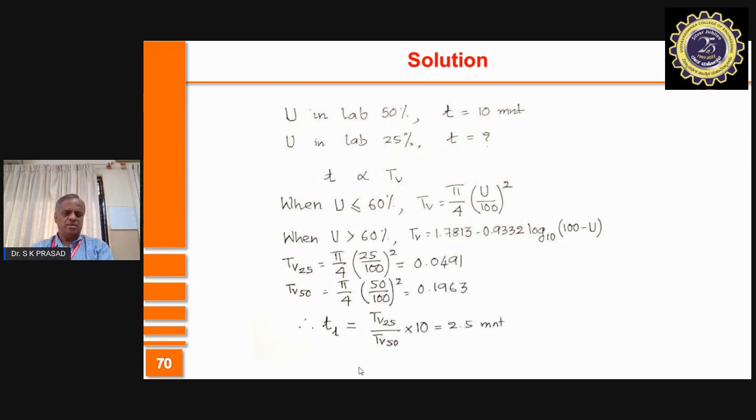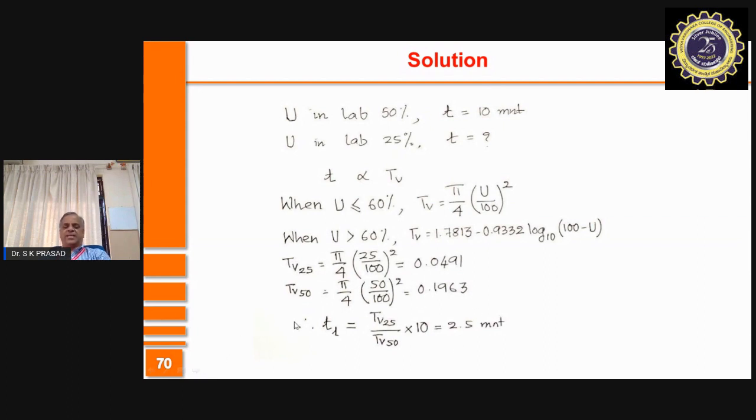So you know that the equation for degree of consolidation less than equal to 60% is time factor Tv equal to pi by 4 into U by 100 squared. So when Tv you want for 25% degree of consolidation, it's given by pi by 4 into 25 by 100 squared, that is 0.0491. And Tv for 50% consolidation, you use the same formula, is given by 0.196.